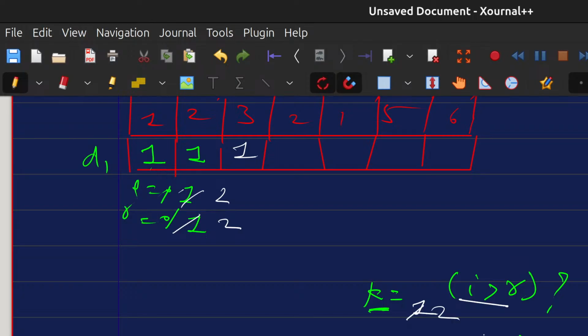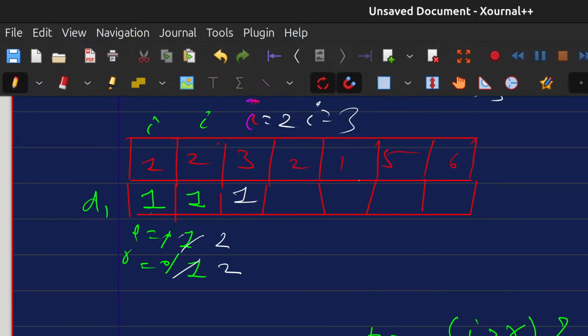Okay, k becomes 2 because here it is 0 1 2 3. This should be like this, right? So this was the center, we missed it.